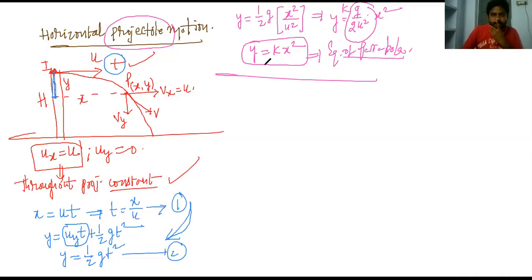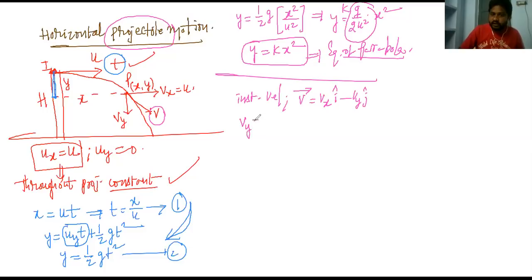Now, at this instant, let's find the velocity. The velocity v bar is equal to, carefully see, vx i cap minus vy j cap. Let's focus on vy here.